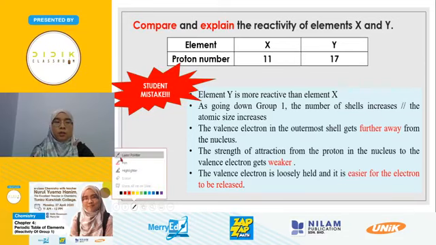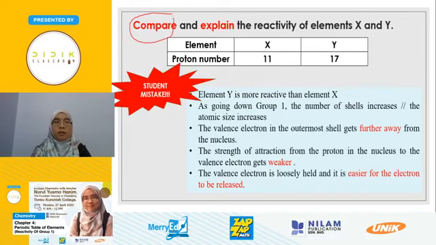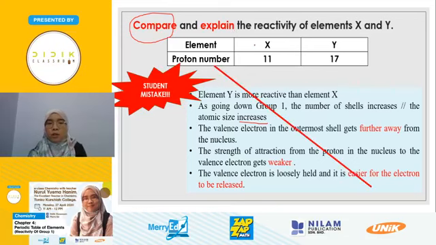The question asks you to compare, but the way students answer is in general terms. For example, "as going down the group, the number of shells increases," and so on. That's a general explanation, but now we need to compare. So this is an incorrect explanation.